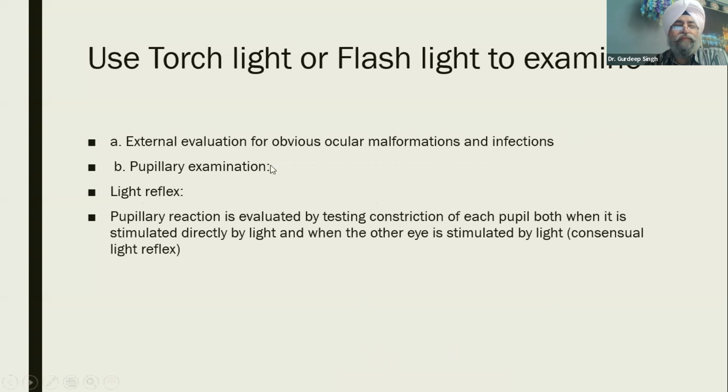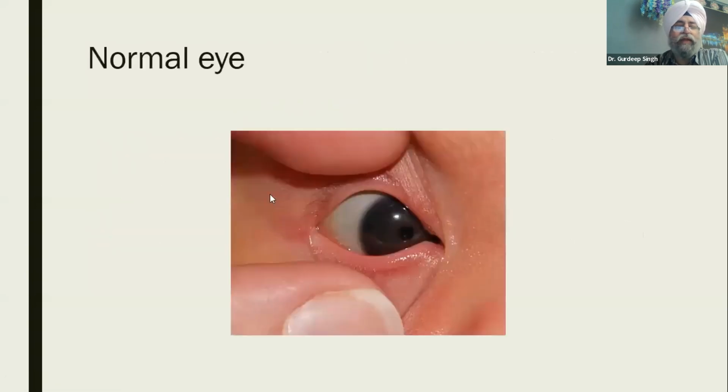So in the external examination we look for anything like an infection or ocular malformation. Grossly, that is what we look into. In the pupillary examination, we see the light reflexes and the pupil, and according to the pupillary examination also, many things can be detected very early in life.